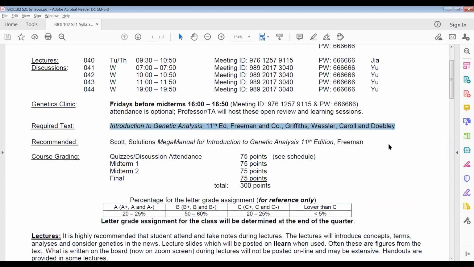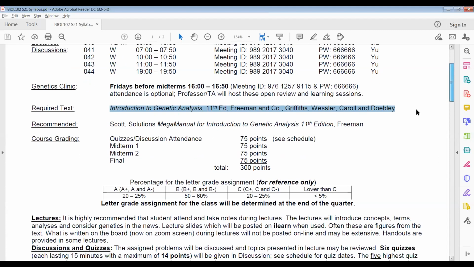I think reading the book is not only for you to get a good grade for this class, but also, for myself, I found it is fun to read this book. This is a very, very good book. It's well written and very clear. So I hope you enjoy reading it and benefit from reading it, not only for the class grade, but also for your interest in the genetics world.